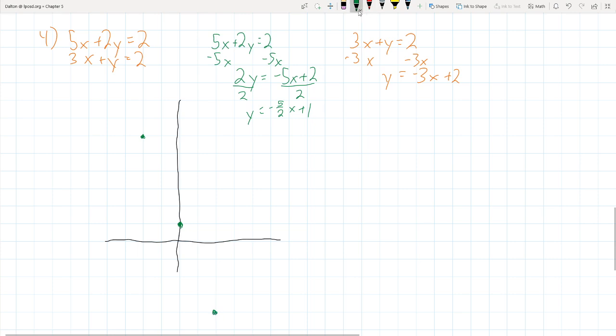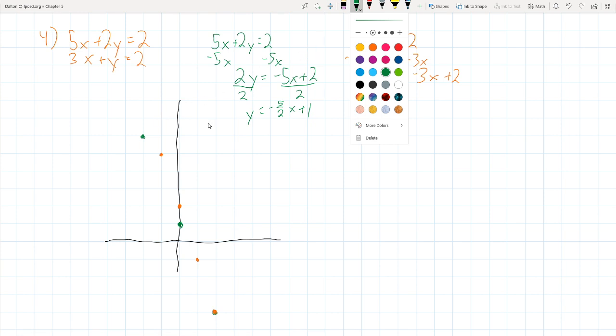Okay. Let's do the orange one now. Go up to positive 2. And I go down 3, 1, 2, 3, like that. Hey, look at that. Those ones actually wind up hitting together.